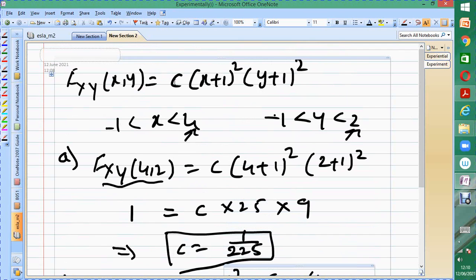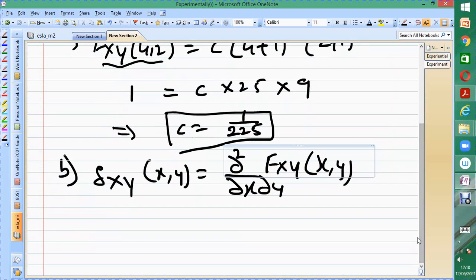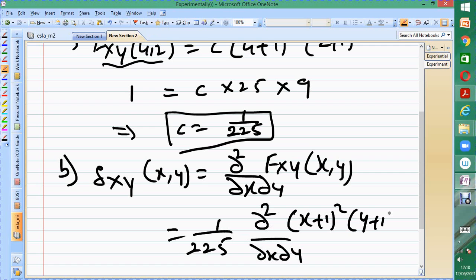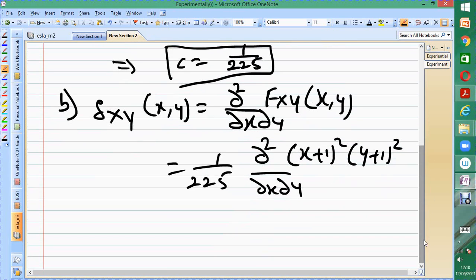Just substitute the value of c as 1/225, so that becomes the exact equation for the given problem. I take 1/225 outside as it is a constant, into ∂²/∂x∂y of (x+1)²(y+1)². Now differentiate these terms with respect to x and y.